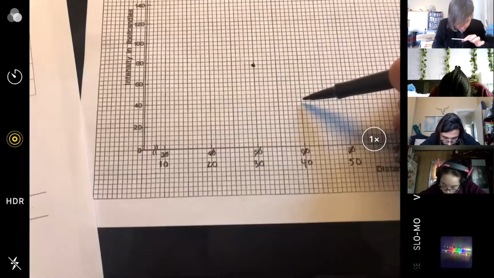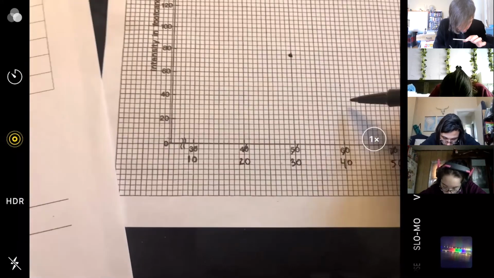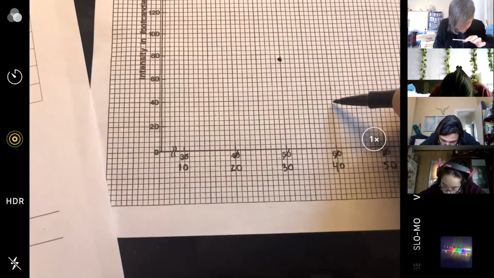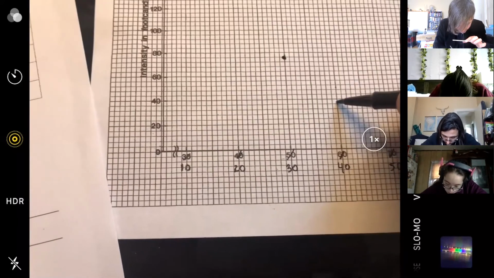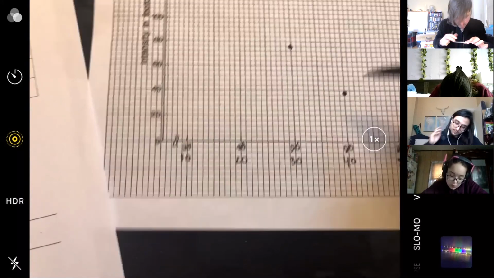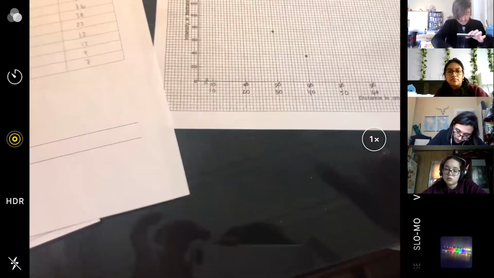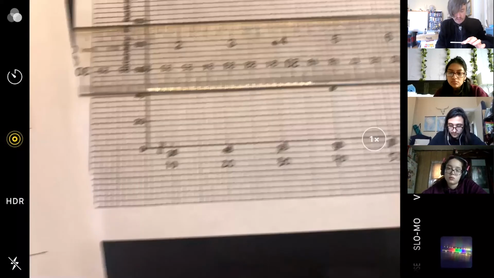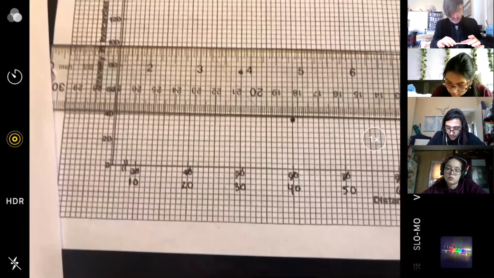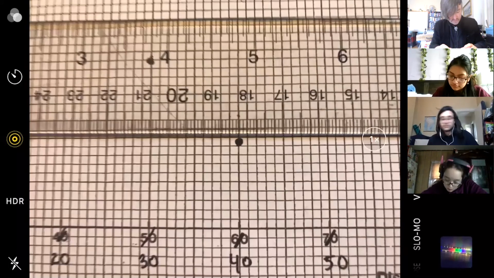So we should be right in between. Every time I look through my screen and then I look down here, it's different. It helps to have a ruler here. You can see that that's 40 lux right there. So I just did it like half a box below.